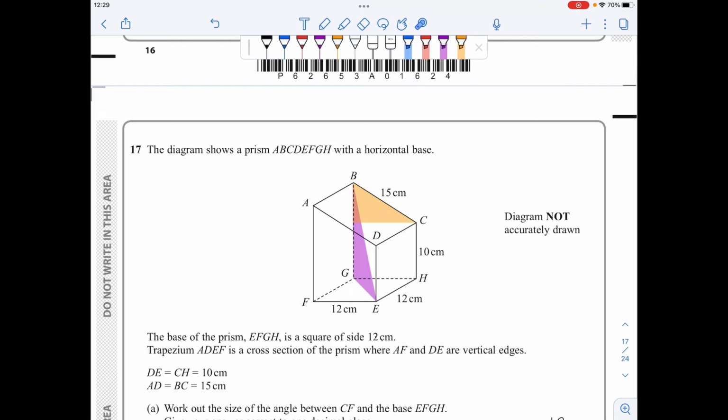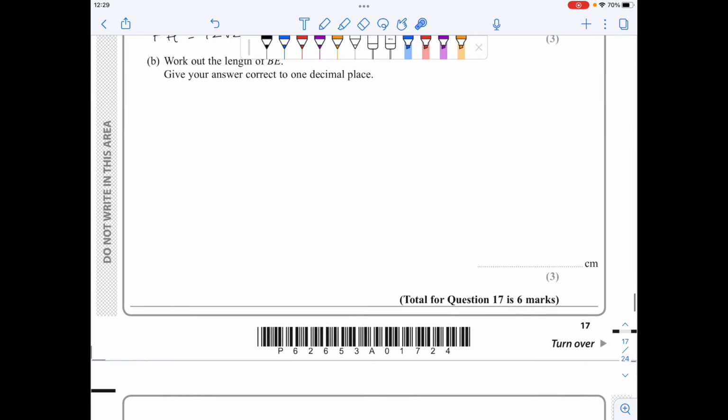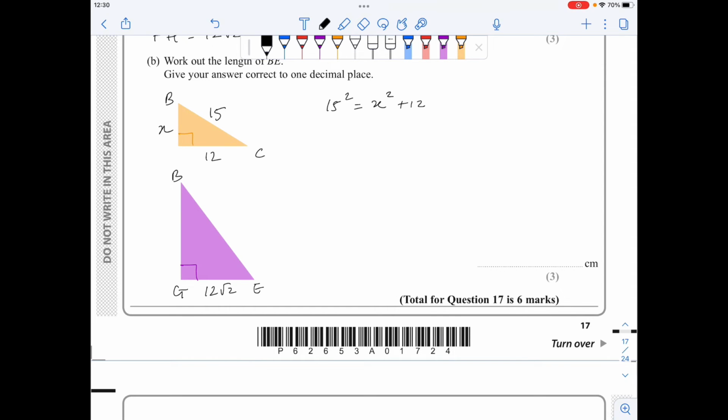So let's copy this triangle to part B. So using the orange triangle, let's call this side X. So 15 squared is equal to X squared plus 12 squared, which means X squared is equal to 15 squared minus 12 squared, which implies that X is equal to 9.